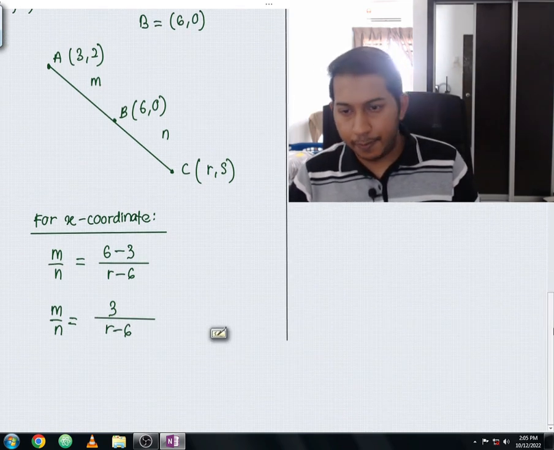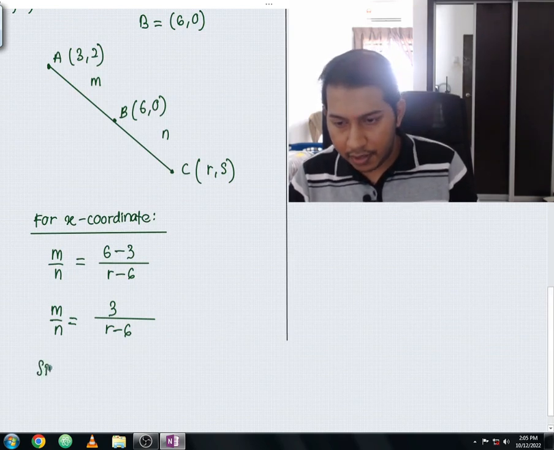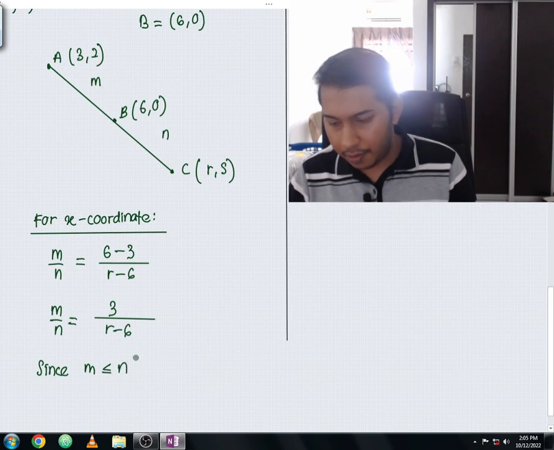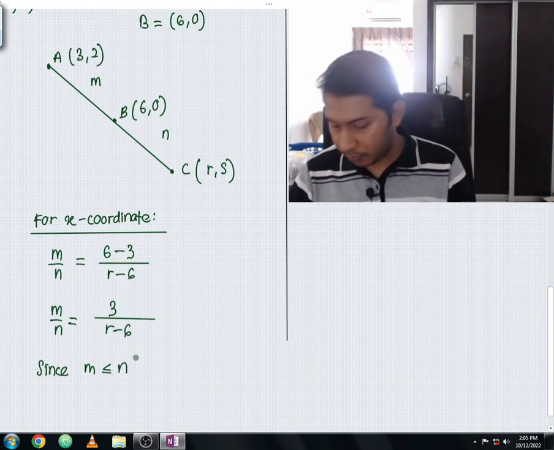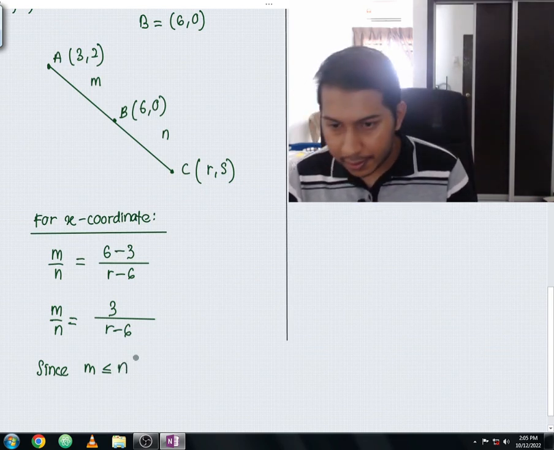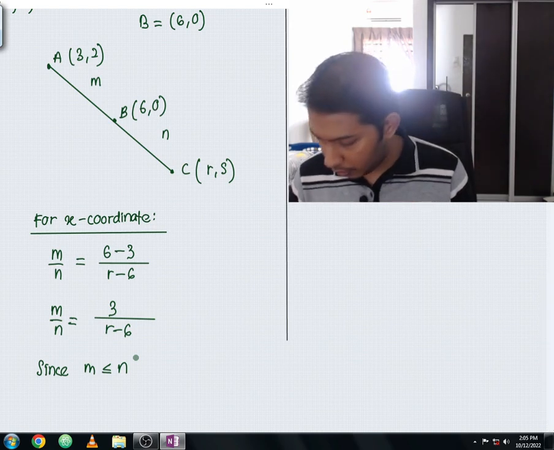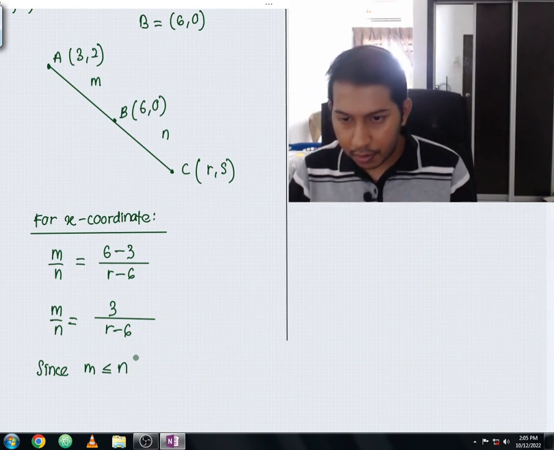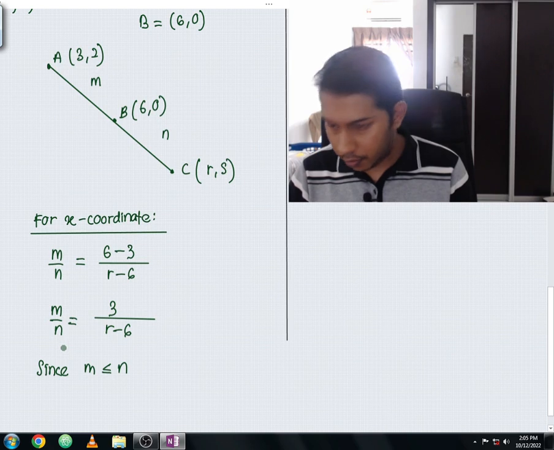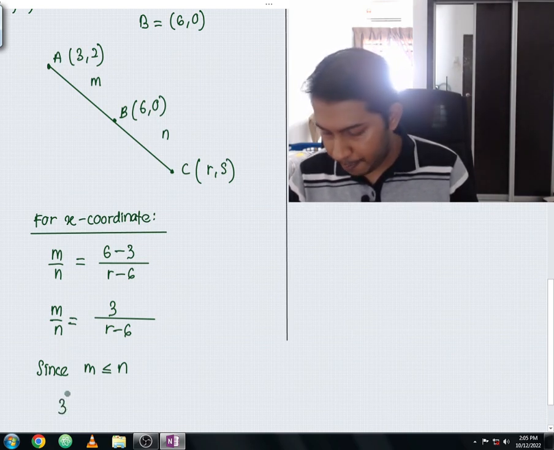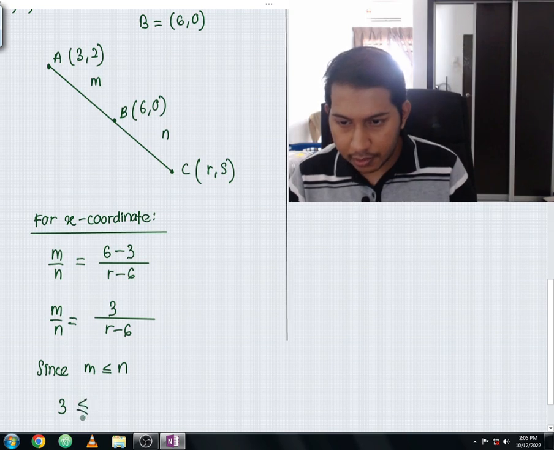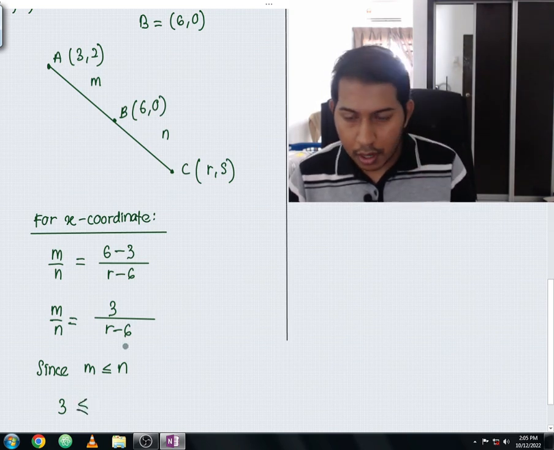Since the question already gives us that M is less than or equal to N, what you're going to do is, from here, 3 will be less than or equal to R minus 6.